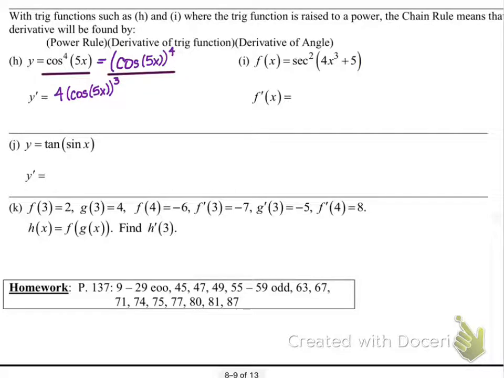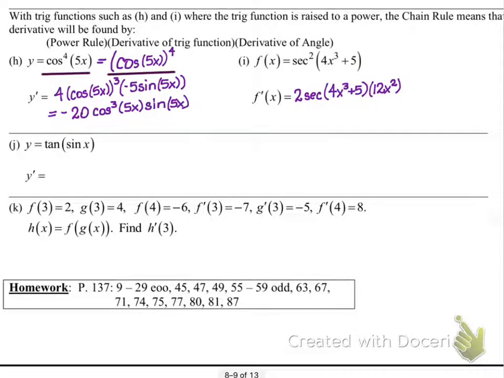Bring down your power, subtract 1 from your power. Once you've taken the derivative of the outer function, which would be something to the fourth, then you take the derivative of the inner function. Once you've done that, you simplify, and you bring that cubed down inside because that is the way we write it by hand.